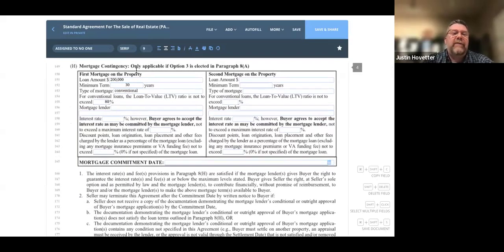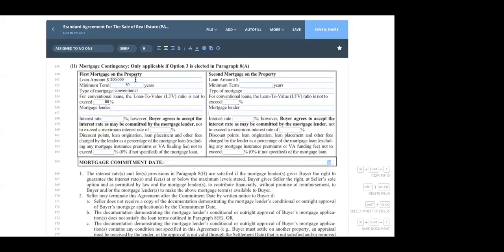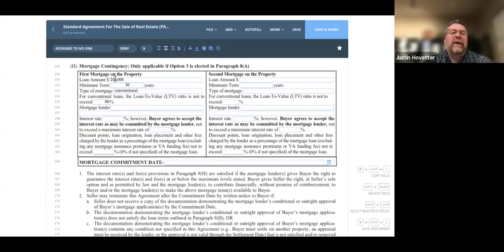So we touched on this briefly. I think I put a sale price up there of 300,000, so we'll do that again. If we're doing our 80% loan to value ratio, I take 300,000 times 0.8 to arrive at that 240.